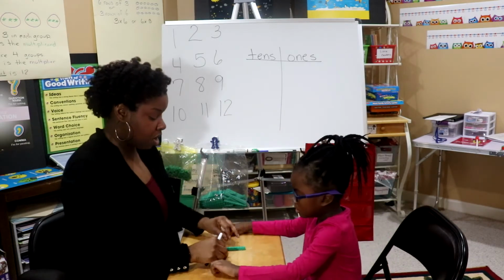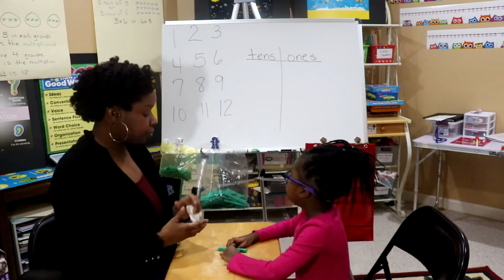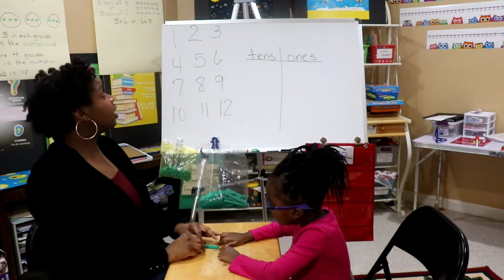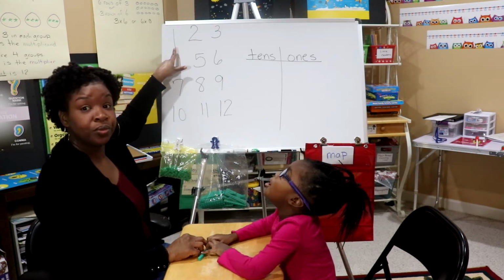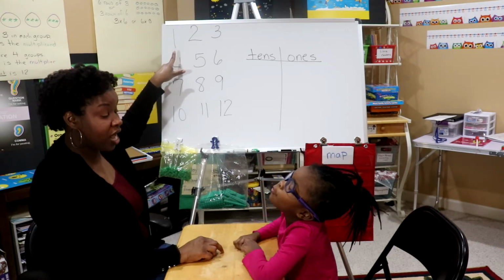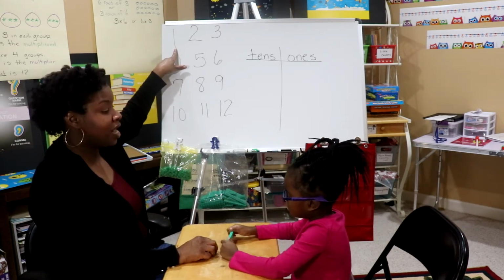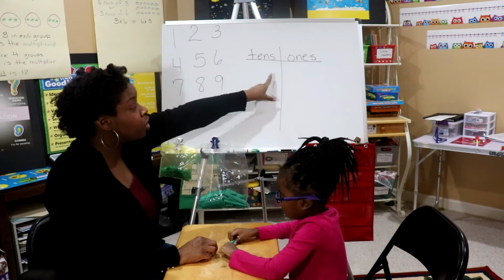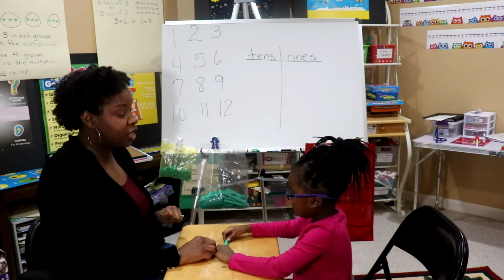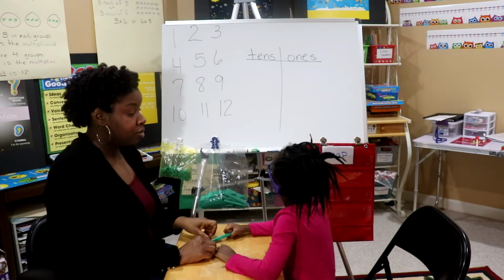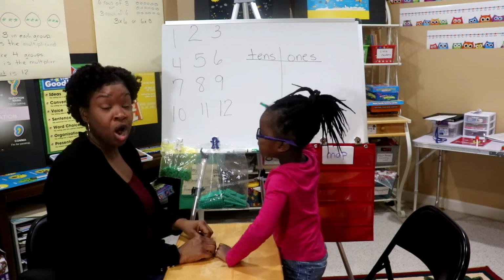Yay! Okay, so now, all right, we're going to start here. What is this number? It is a 1. Now, on our T chart for ones and tens, where does the 1 go? On the ones side.